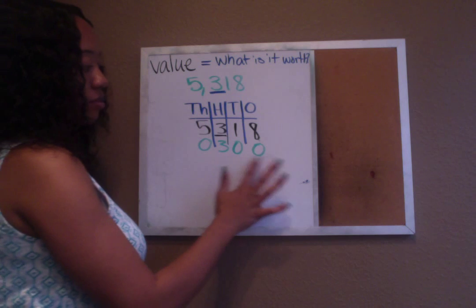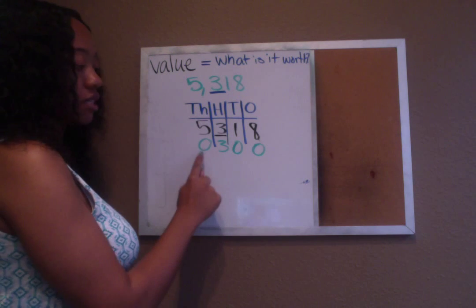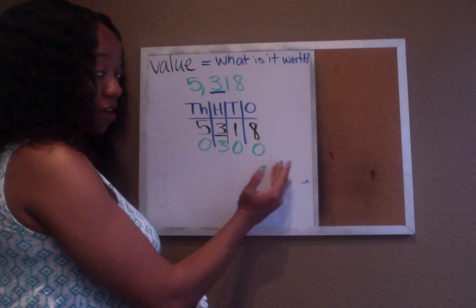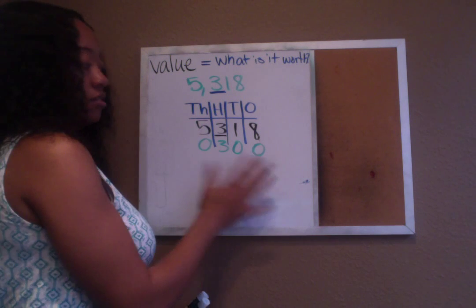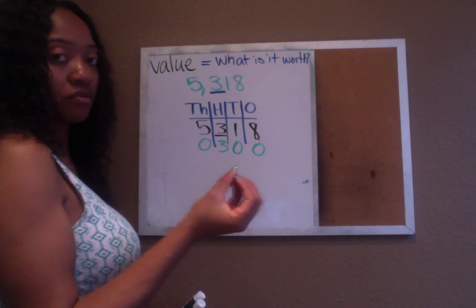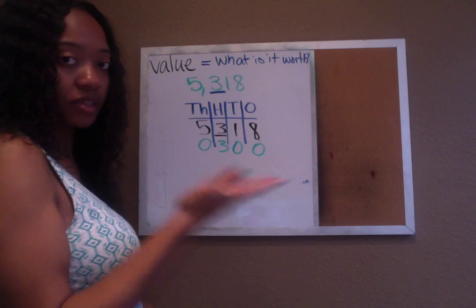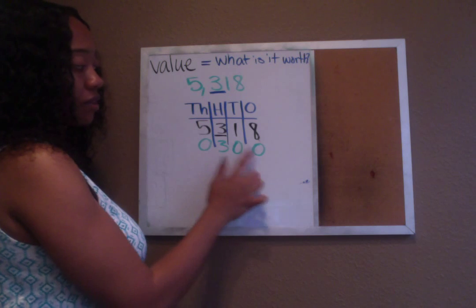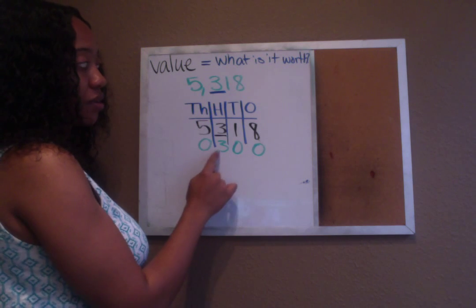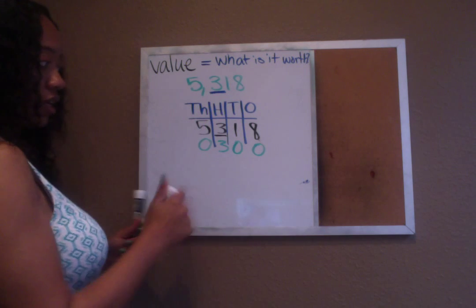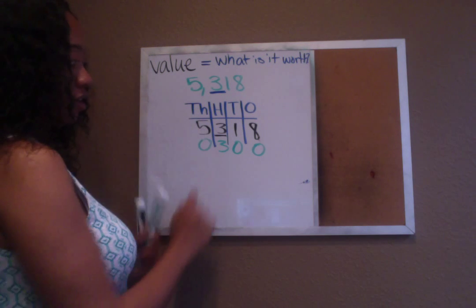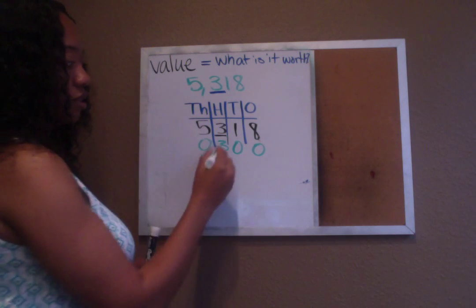If I look at this number right here, remember that if there is a 0 in front of a number, that does not affect the value of your number. 0 does not have any value. So what is it worth? What is 0 worth? It's not worth anything. So when I'm looking at this, I can say that the value of the 3 is, if I cover that up, 300.